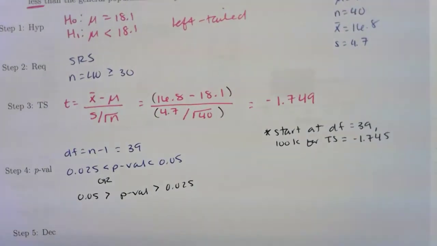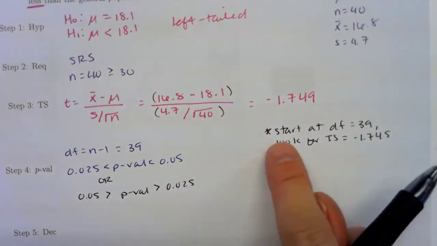Our p-value is given as a range because we can't find an exact p-value using that table. Exact p-values have to be found using technology. Some calculators can do it. Excel can do it, and the Excel document explains how to do that. There are other computer programs that will allow you to find exact p-values.